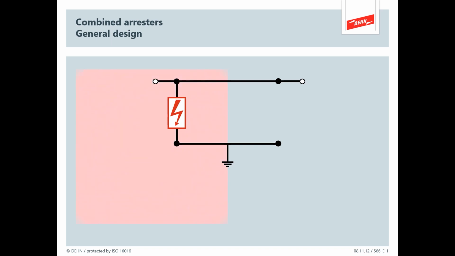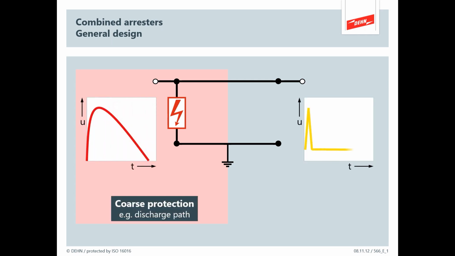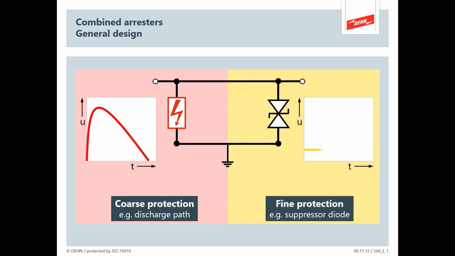So if we build up a design, we would have at the front end our type 1 component perhaps. That could be the coarse protection, but that might let through a little bit too much energy. So we would have the fine protection of the fast acting diode, but the trouble is we have to coordinate the two. If the output of the type 1 or the coarse protection, the gas tube, is too much, we end up destroying our own component.